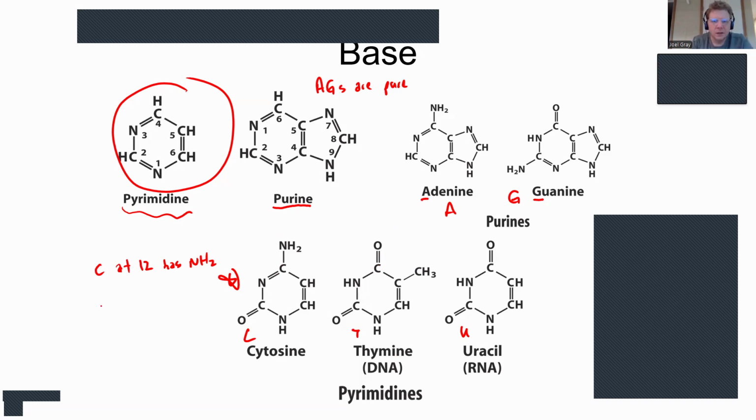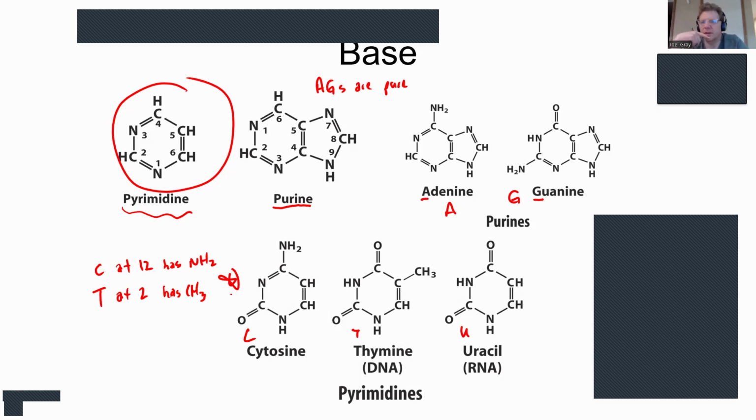Now, thymine, well, I'm going to make it easy on myself. Thymine, represented by a single letter T, at 2 o'clock has CH3. By knowing those two, do I need to spend any time thinking about the structure of uracil?